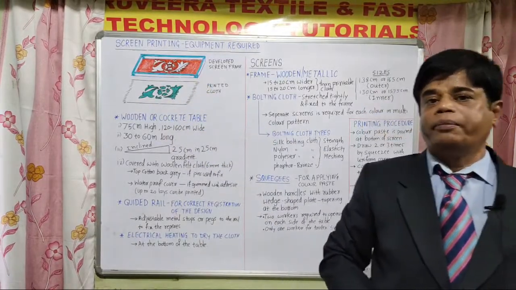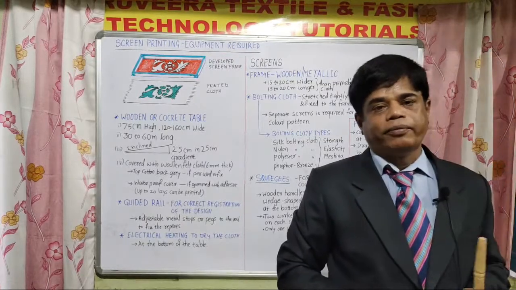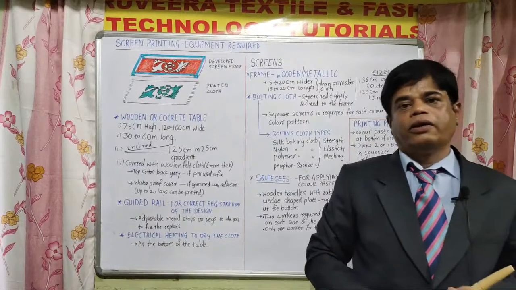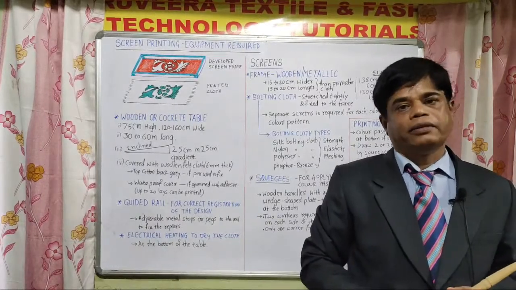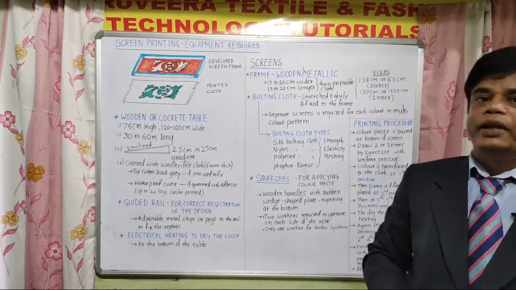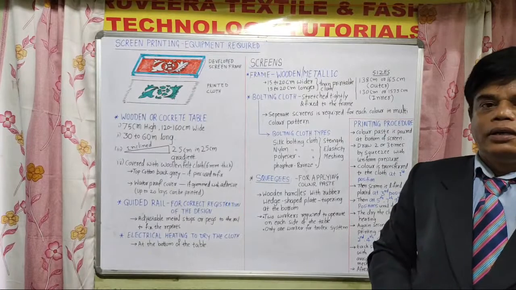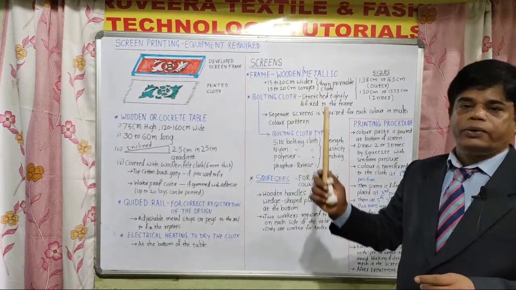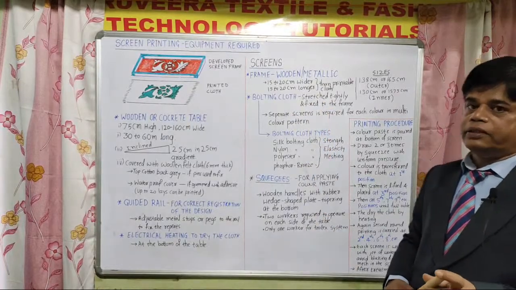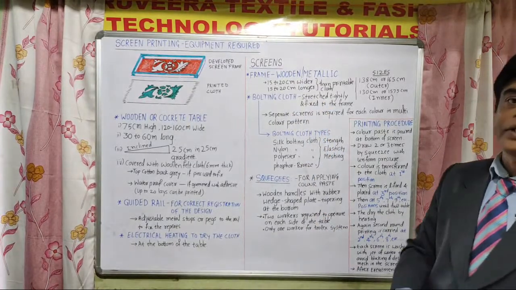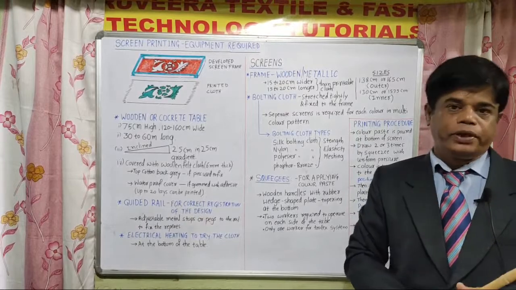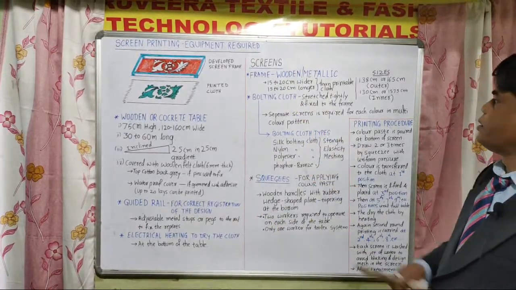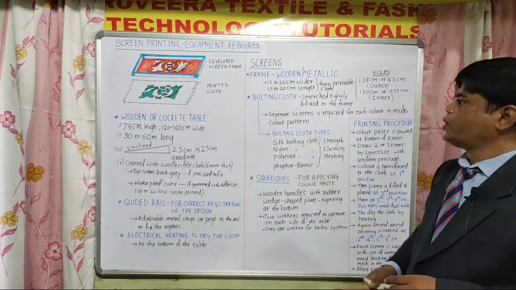It is usually made of silk, polyester or nylon fabric, plain fabric, and it should allow the color to pass through it. Please watch my previous video for more information on the screen.